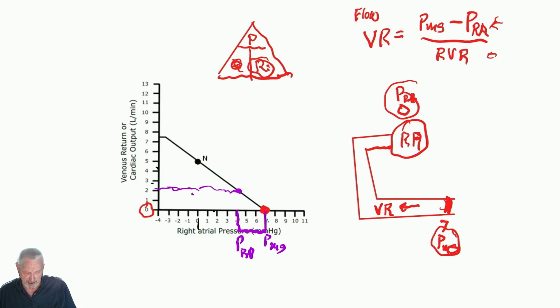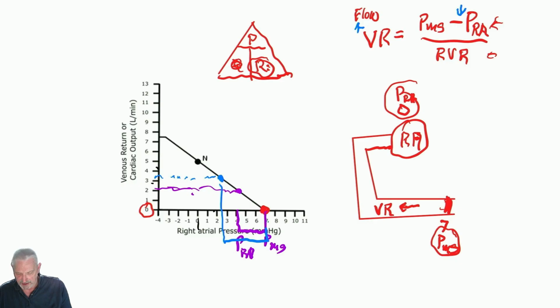Let's pick another right atrial pressure that's a little bit lower. What's the pressure head driving flow back to the heart now? It's this blue difference, PMS minus PRA. Notice what that does: because it's a bigger difference, because we've decreased right atrial pressure, we get an increase in venous return.